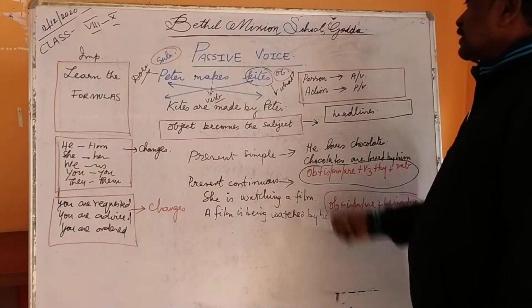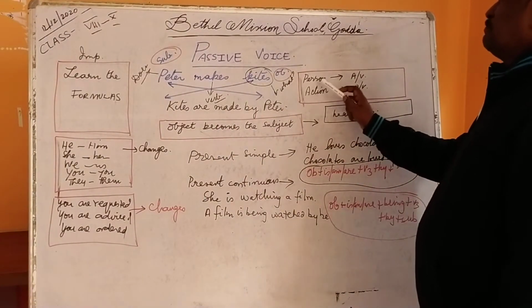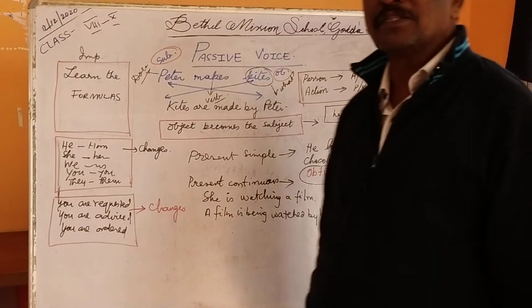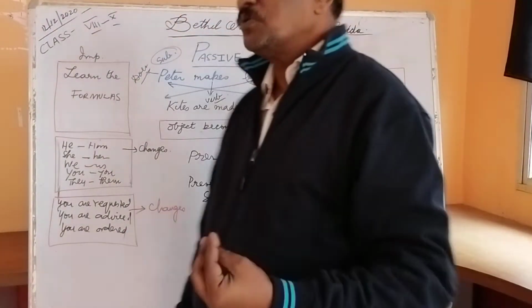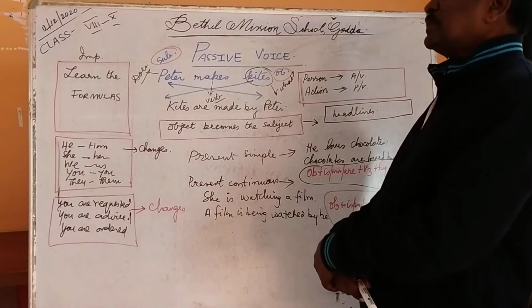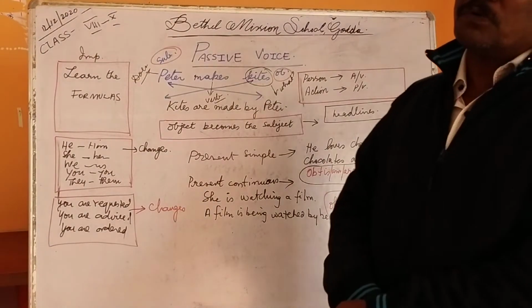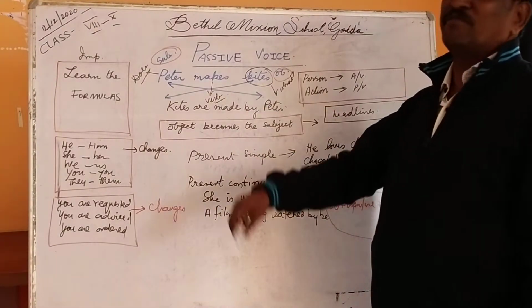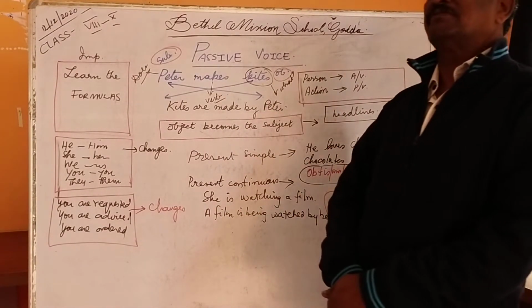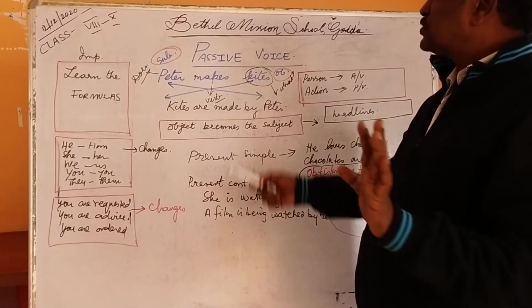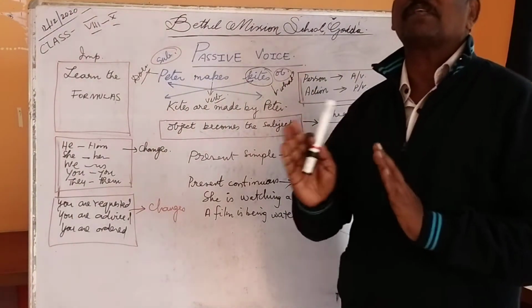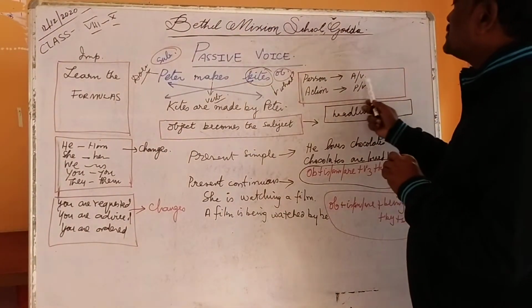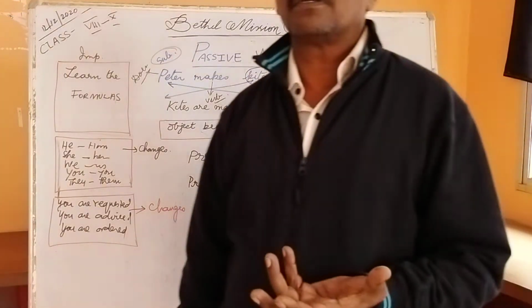Now, look at this. Person, active voice. Action, passive voice. What do I mean by this? When do we use the active voice? When we want to emphasize the person, that is, when we want to give importance to the person who is performing something, the sentence is written in the active voice.